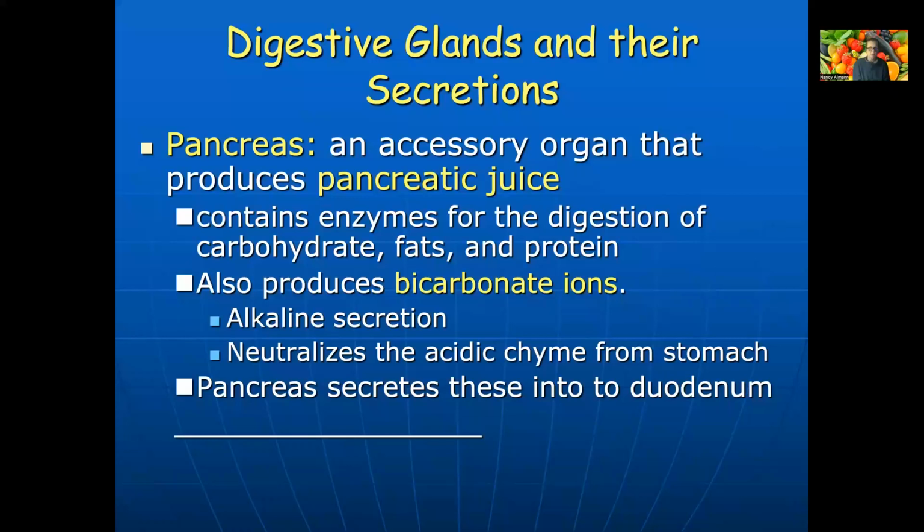And that acid material, when it leaves the stomach, would burn the lining of the small intestine. So those bicarbonate ions just neutralize that acidity. The pancreas, again, is going to secrete those into the duodenum. The gallbladder will dump bile into the duodenum right at about the same point.